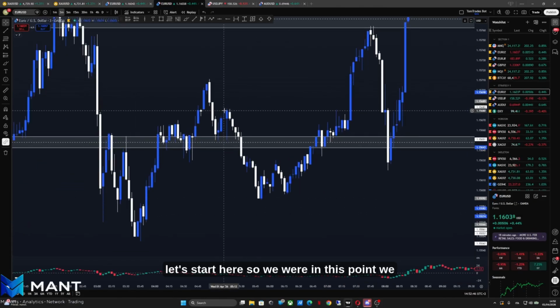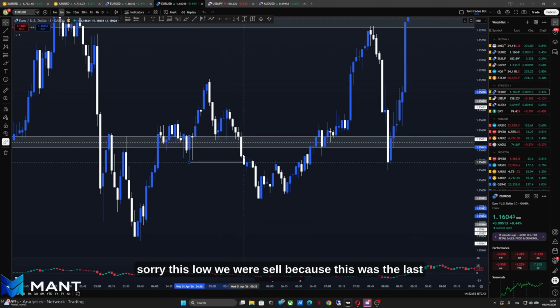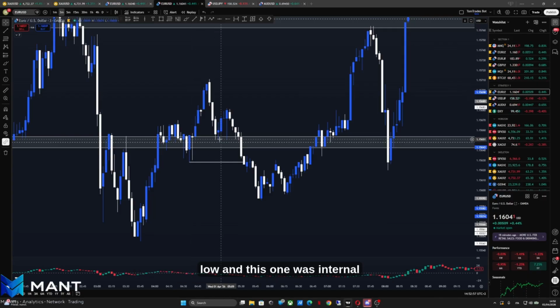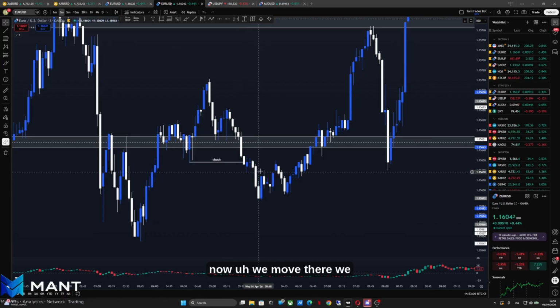So we were on this point, we broke this low. By breaking this low, we were selling because this was the last external low, and this one was an internal low and internal high. So this is the real CHoCH. Now we move there.